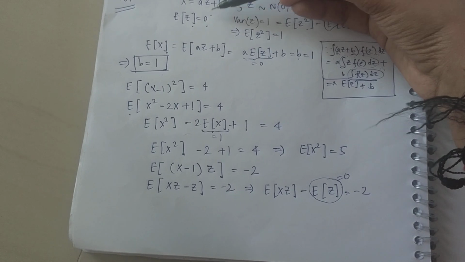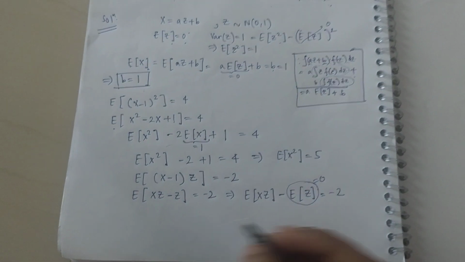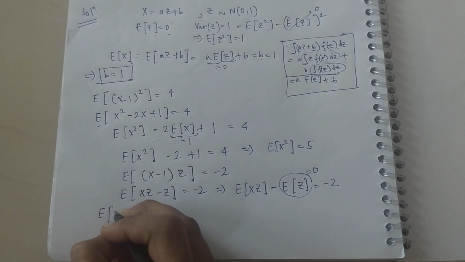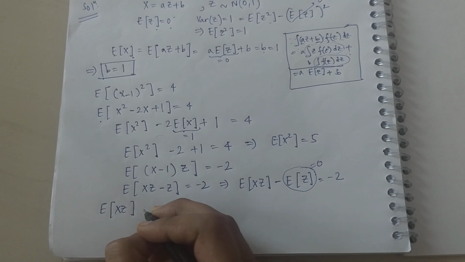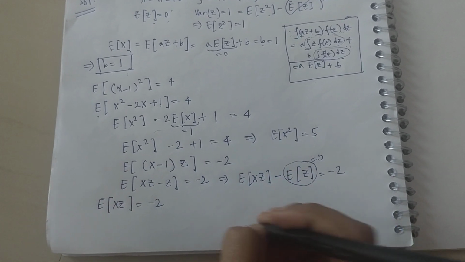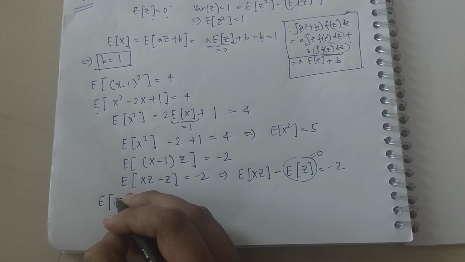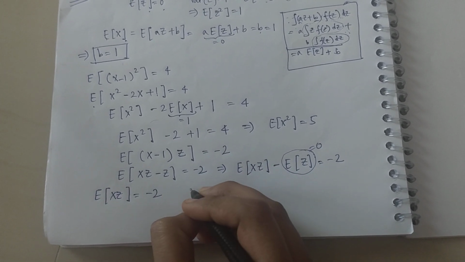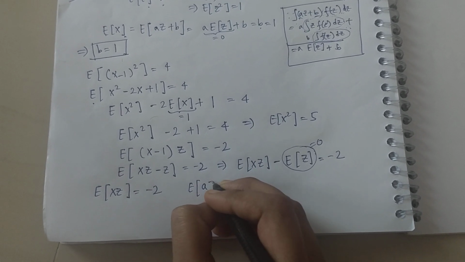We saw it here. So we are left with expectation of xz equals minus 2. And we know that x is of the form az plus b, so let's substitute that as well.